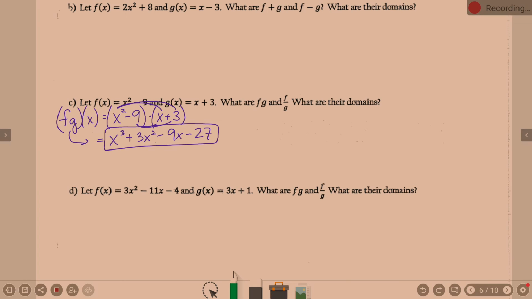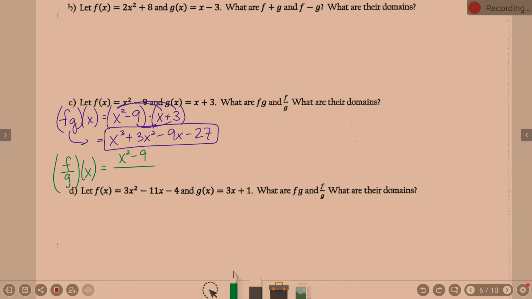Now we need to do f divided by g. Well, you know where to start, right? We're going to do f divided by g. What is f? X squared minus 9 divided by g.